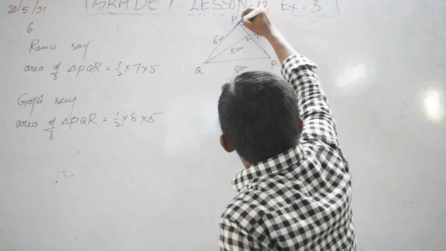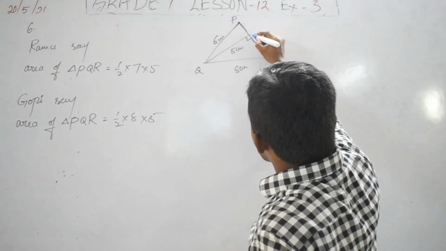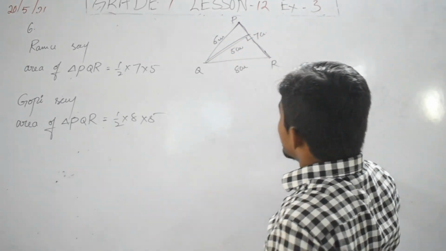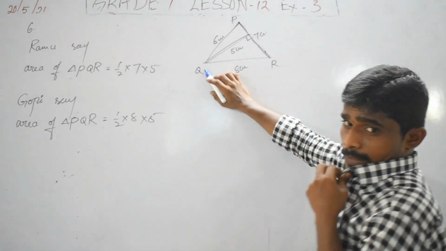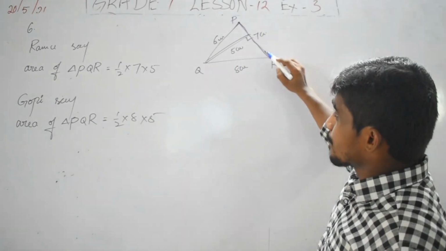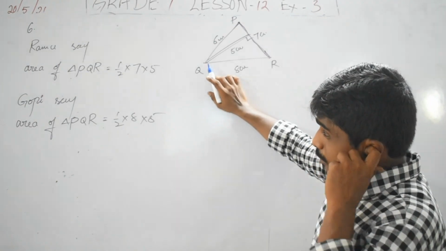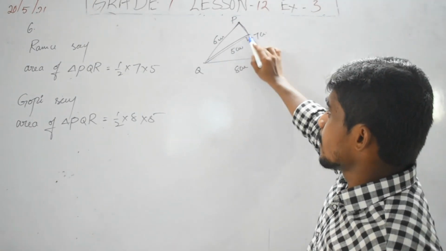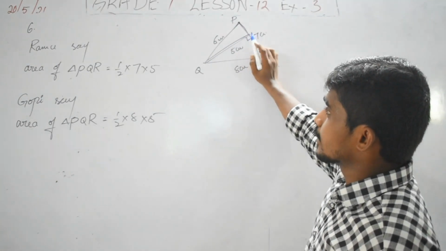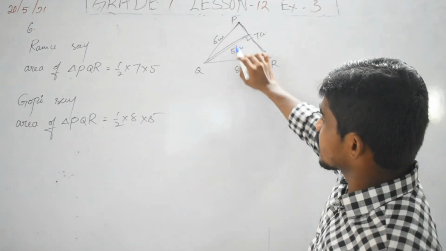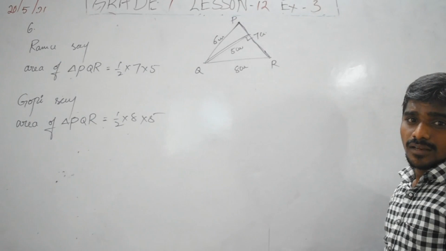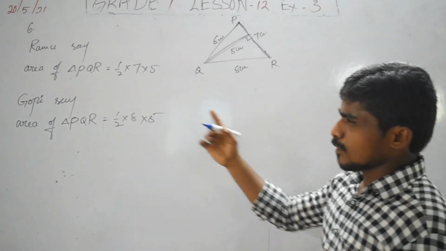Now PR is perpendicular to QS. So we are right. We are taking height. But Gopi says here see QR. There is no perpendicular line segment.